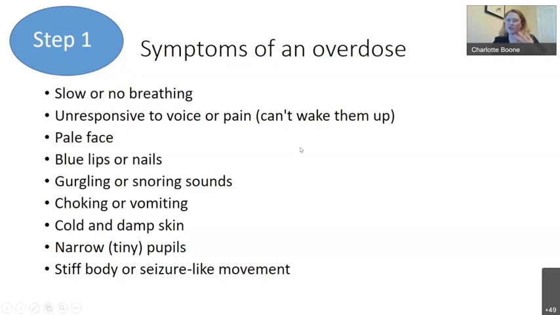They would have gurgling maybe or snoring sounds. They might be choking or vomiting, cold, clammy, or damp skin. The next point is tiny pupils. What we say is pinpoint pupils, and that one is quite specific to an opioid overdose, whereas the other ones, a little bit less so. And then a stiff body.